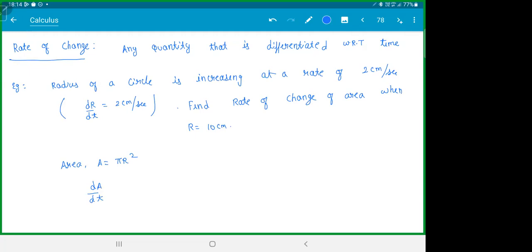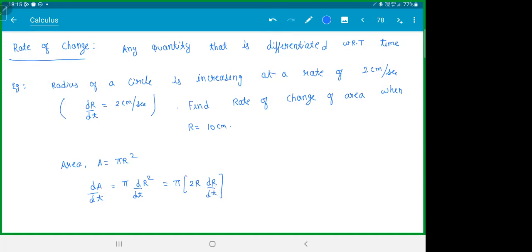Now, first thing, you're differentiating with respect to what? Time. But what do you have here? R. So it is not the same variable. So dA by dt is pi d by dt into r square. So this is like a chain rule. You're differentiating something to the power of 2. This is not t inside. So this will be pi into 2 into r dr by dt.